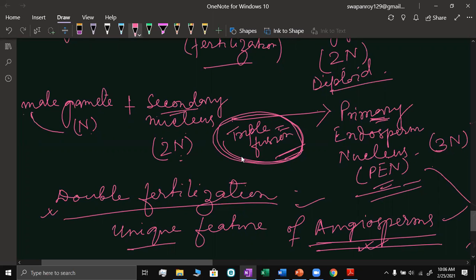Double fertilization is when, out of the two male gametes produced, one fuses with the egg cell to form the diploid zygote, and the other fuses with the secondary nucleus to form the triploid primary endosperm nucleus. Due to this, the endosperm tissue is developed.